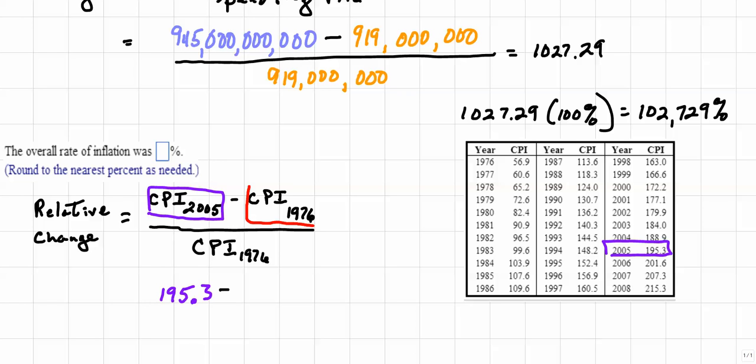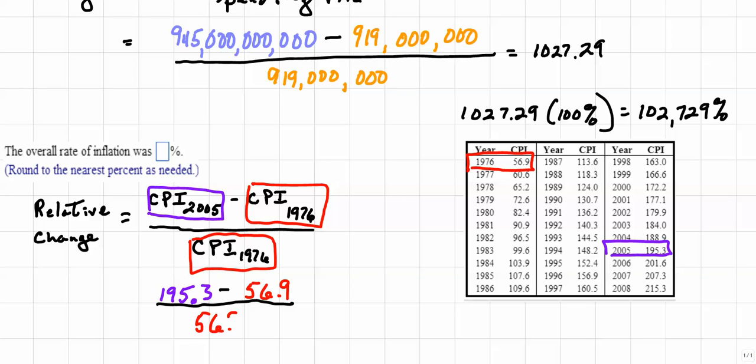So once again, that's this value right here. We look in our table for 1976, and we find that the CPI is 56.9, and we'll write that there. And then we're going to divide once again by the CPI from 1976, which is 56.9.